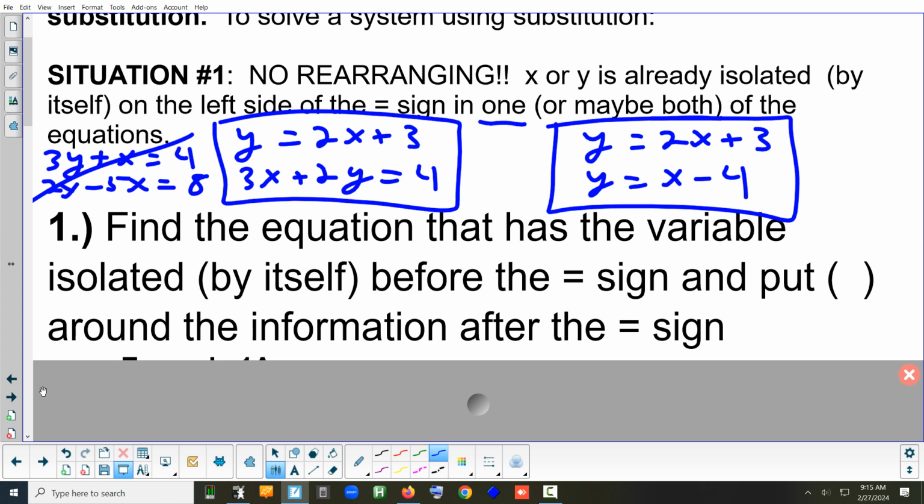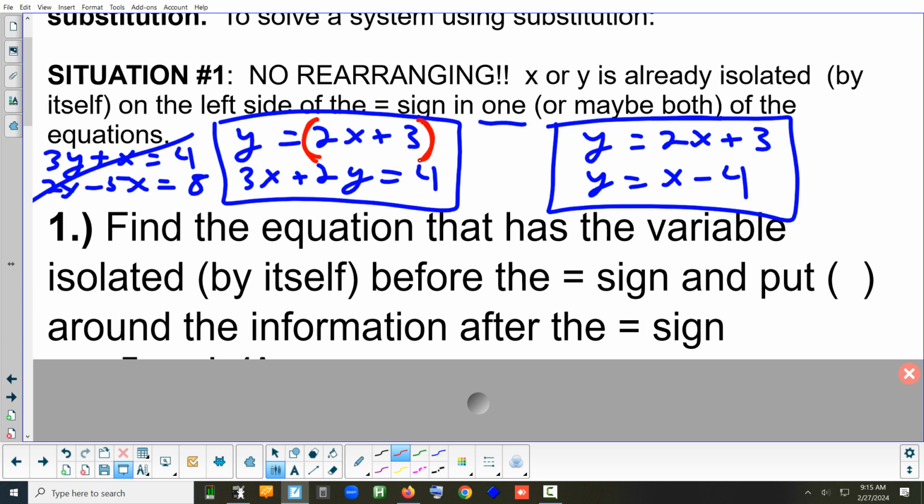And what we're going to do is we're just going to put parentheses around the information after the equal sign. So this step doesn't really do anything mathematically. This step is just to kind of organize our thoughts. So what that step means to do is this: put parentheses around the information that came after, which means to the right, of the equal sign. So that's all you have to do in step 1.